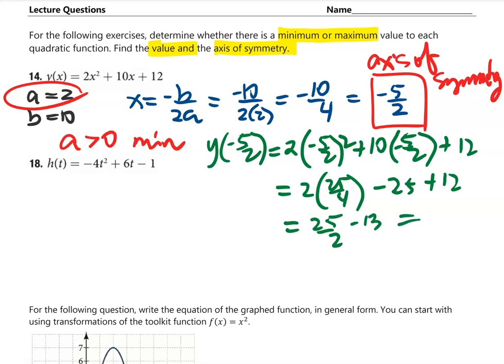And to simplify, 25 over 2 minus 23 is negative 1/2. So this is the minimum value.